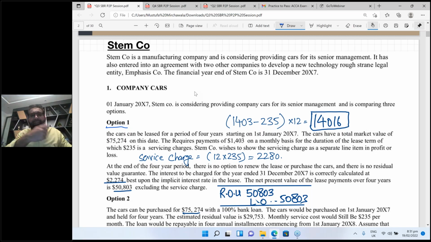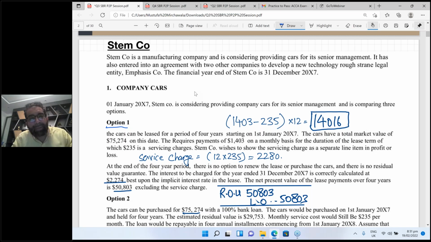So whenever we pay the rentals of a finance lease, it's like repayment of a loan. And repayment of a loan contains two elements: number one is the principal repayment, and number two is the interest expense. So normally, if the rentals are pure finance lease rentals, then they contain two things.